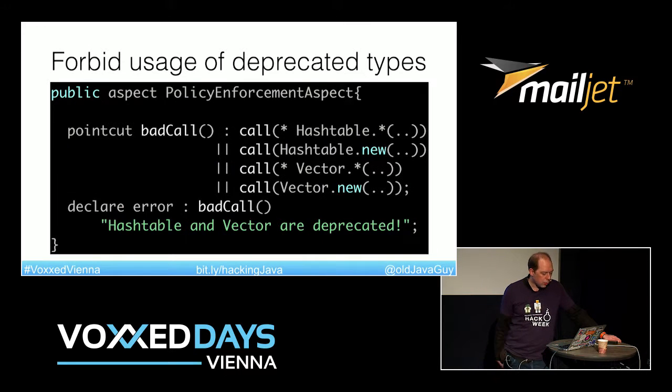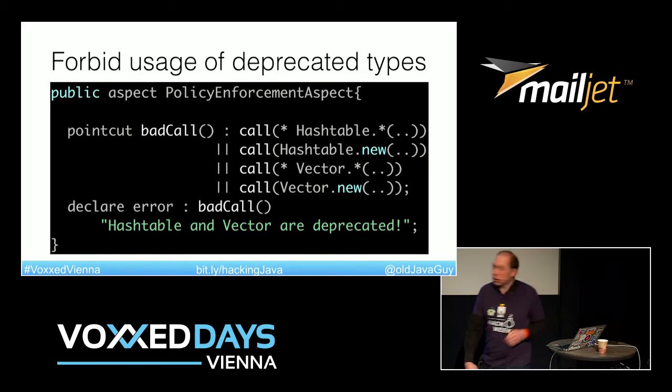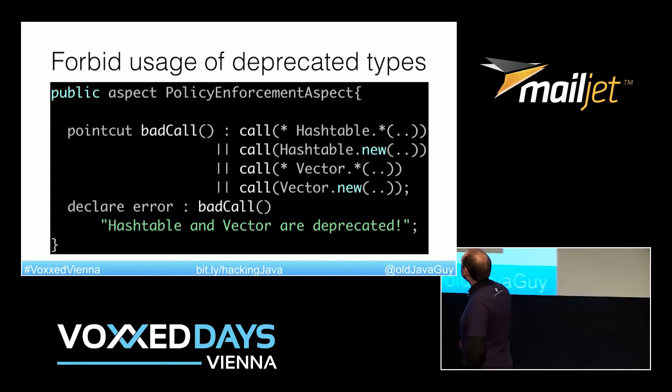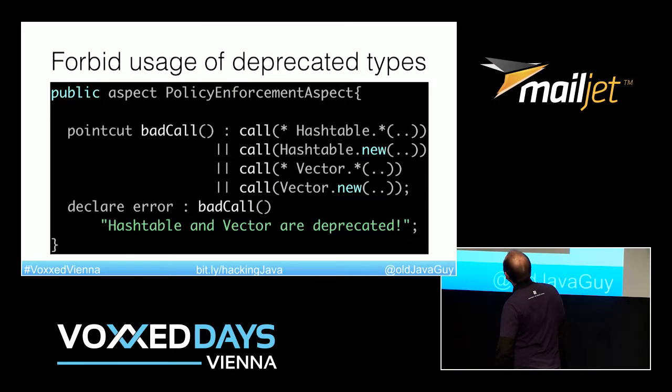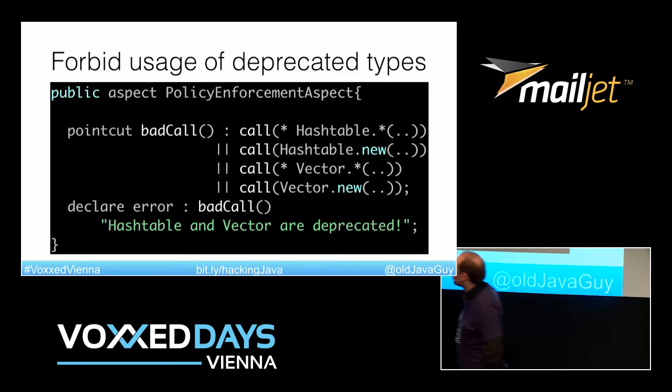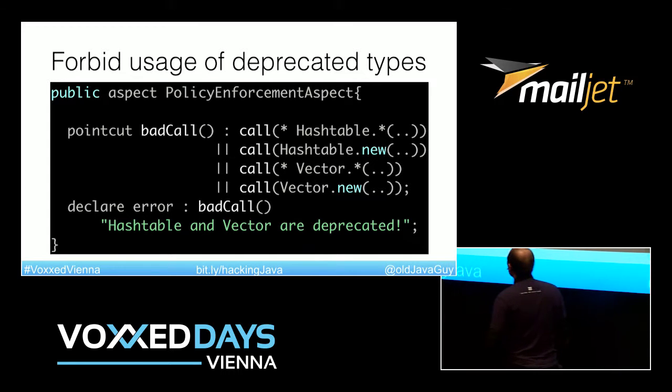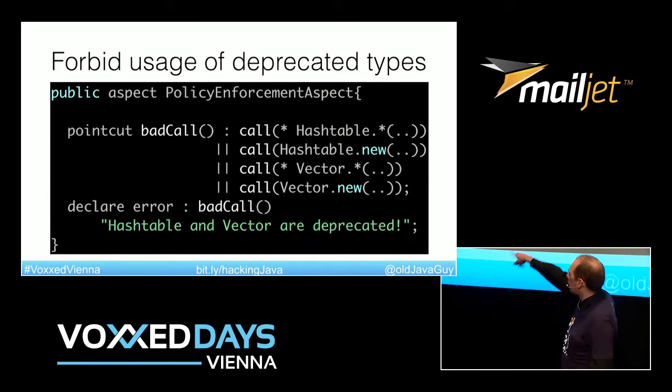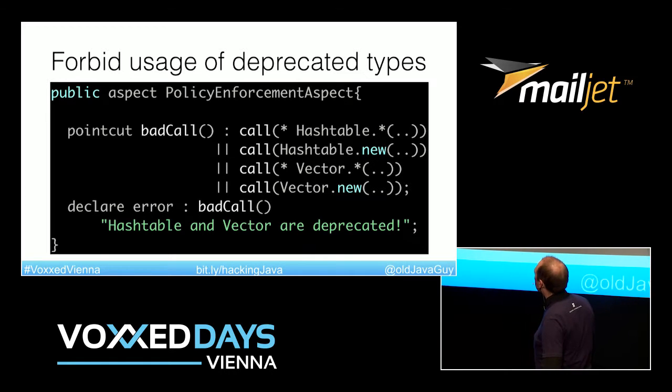So let's say I have deprecated types. A standard example would be these soft deprecated collections. Hashtable is the old version of HashMap, and Vector is the old version of ArrayList. And usually code that uses them is pretty bad. And if you want to enforce that, then you can just declare a compiler error here.